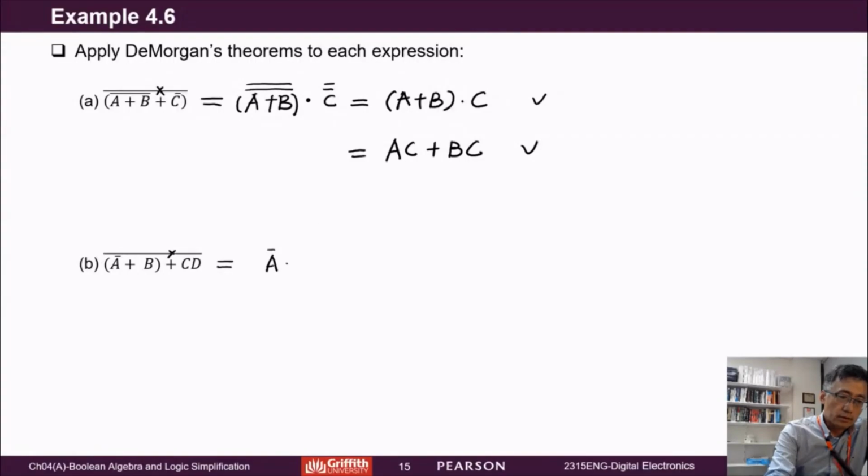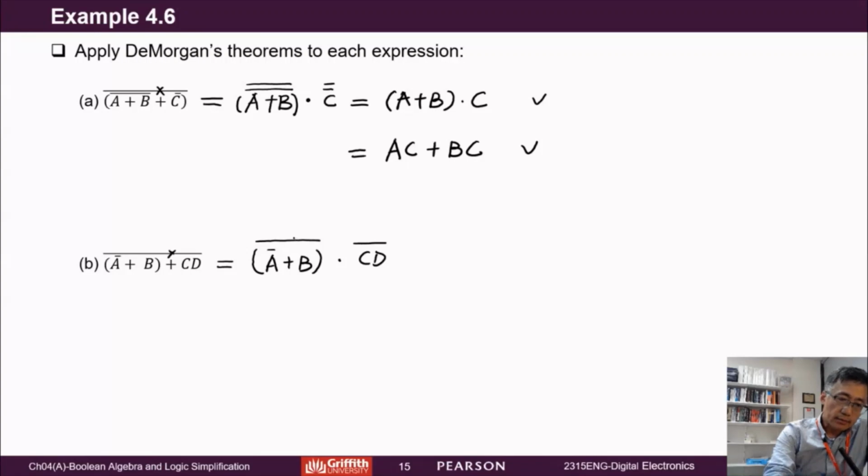Then we break the long bar. Then we have a bar like this, and C, D, a bar. All right, is it correct or not? Okay, I think it's correct.